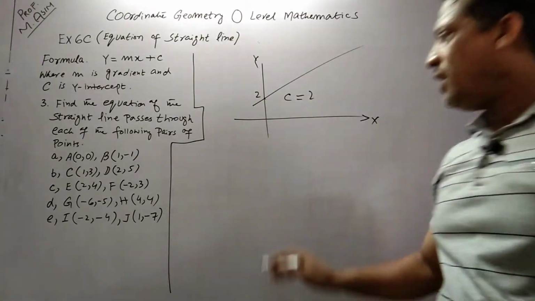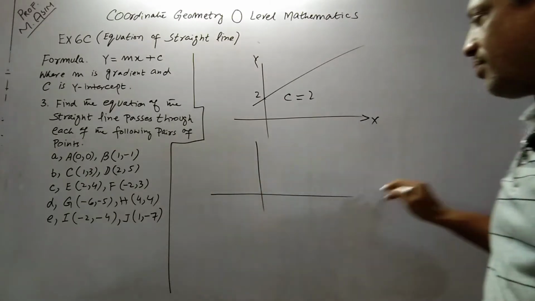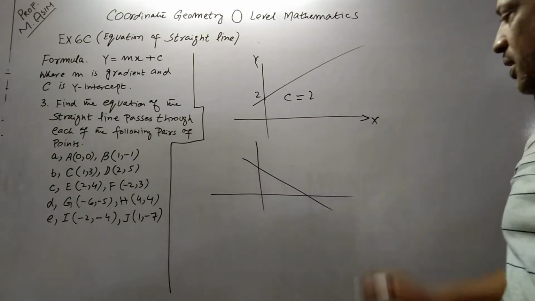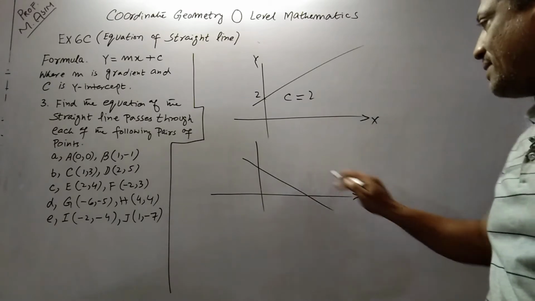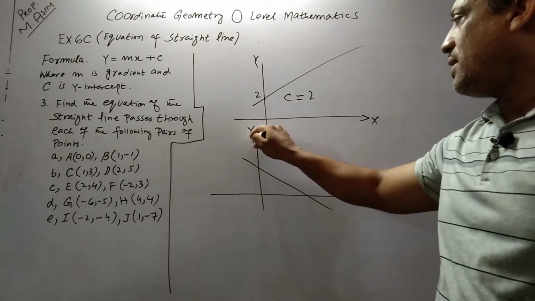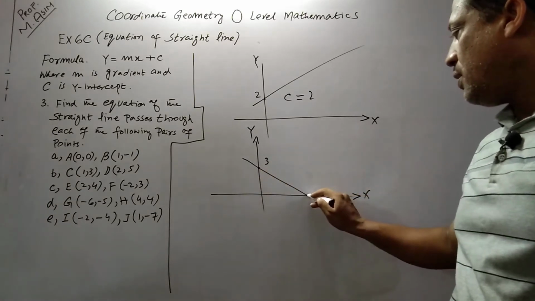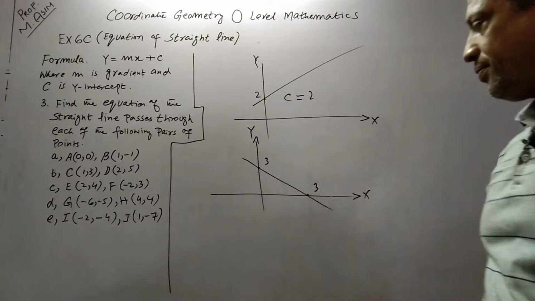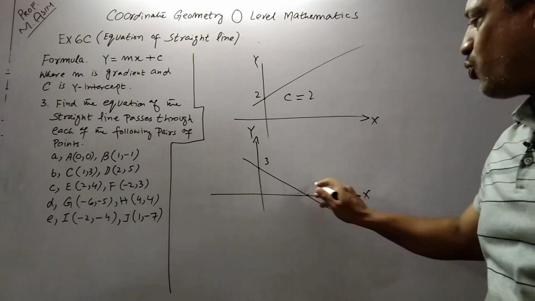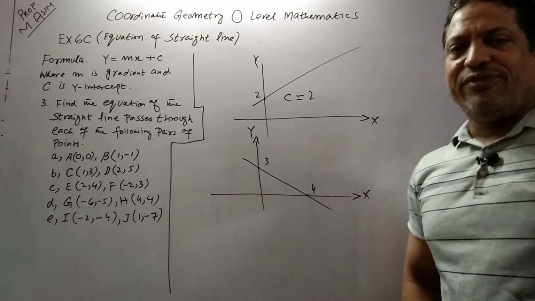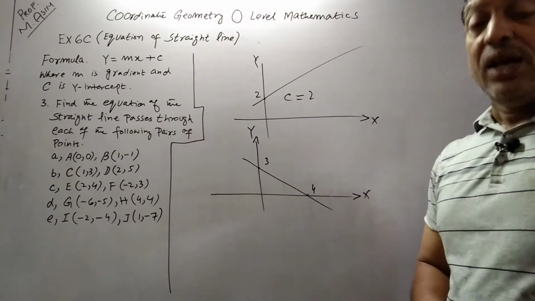I hope you understand. Now take the second condition. Let's suppose this is the x-axis and this is the y-axis. This point is 3, or you can say this point is 4, for example. So what is the y-intercept of this line?